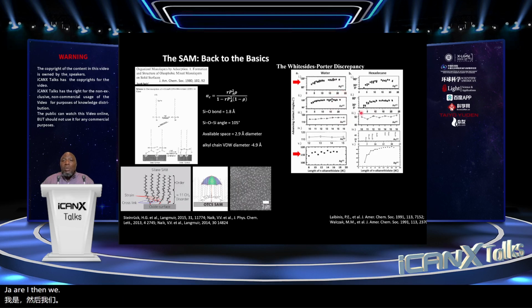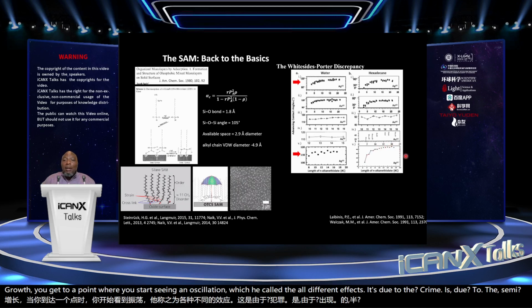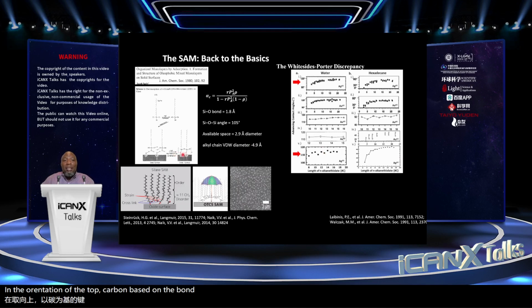And then Porter claims that as you get that exponential growth, you get to a point where you start seeing an oscillation, which he called the odd-even effect. He claimed it's due to the asymmetry in the orientation of the top carbon based on the bonding of the single molecule at the surface.